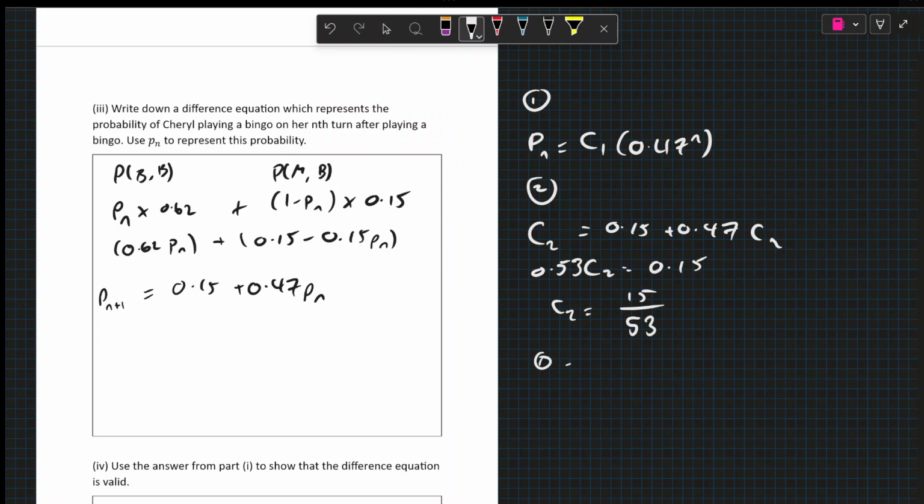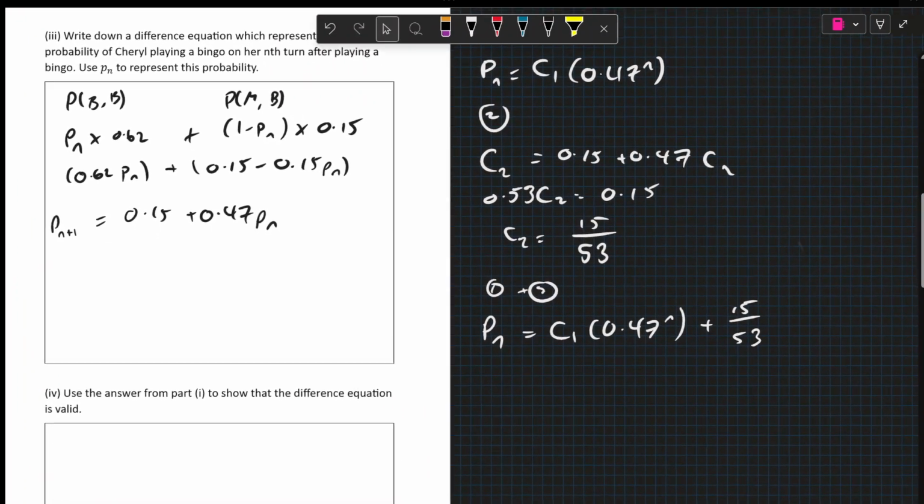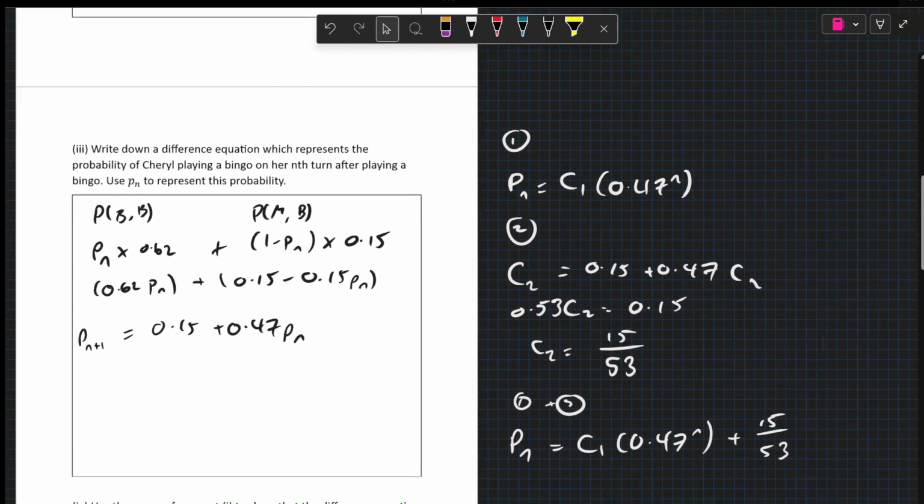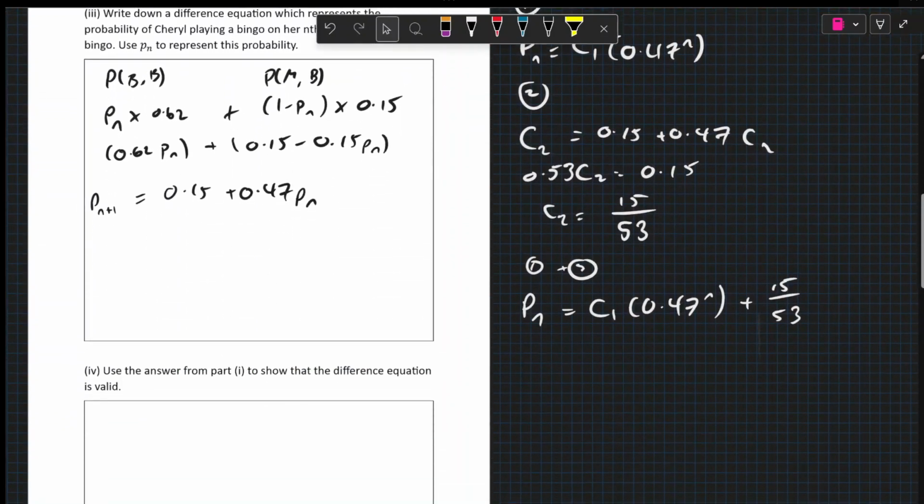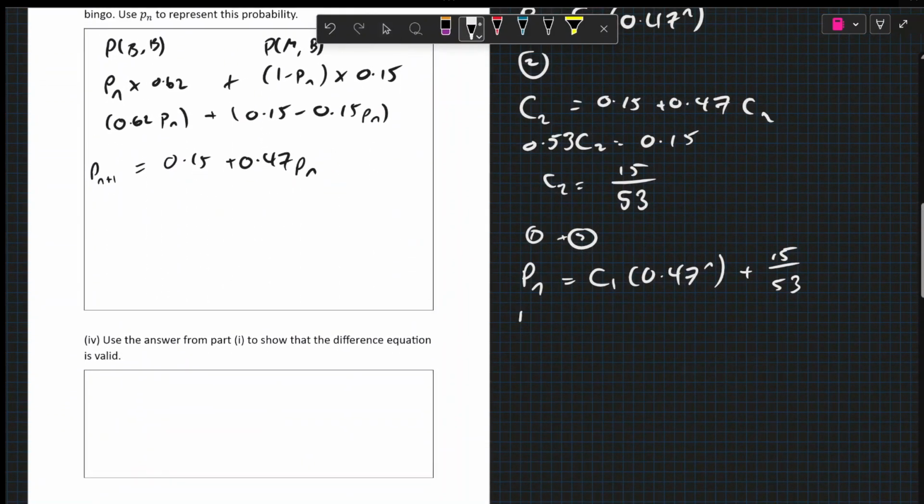Then we put 1 and 2 together. So that leaves that the probability is C1 times 0.47 to the n plus 15 over 53. Then we can put in the original probability, which is 0.15. So that'll be 0.15. That disappears. If n is 0, it becomes just C1 plus 15 over 53.